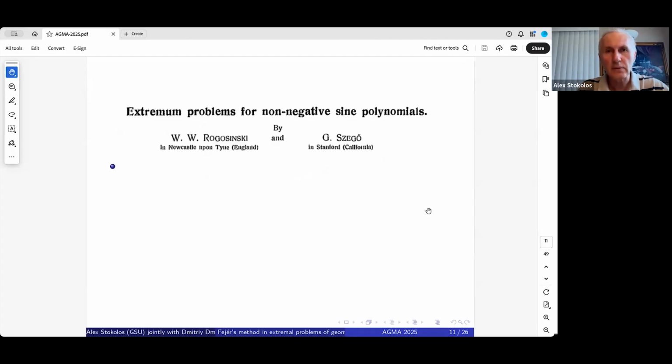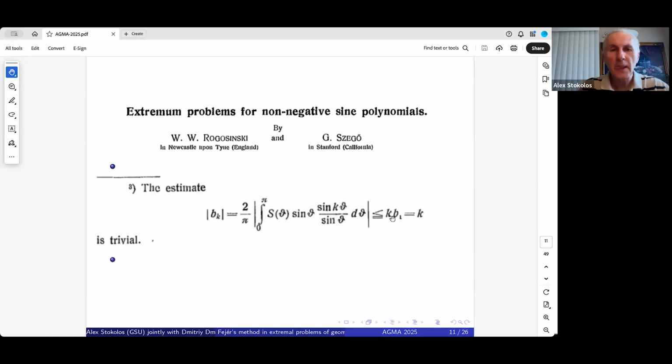And we have an idea about what's going on with univalent trigonometrical, univalent algebraical polynomials, right? In 1950, there was a paper by Rogozinski and Segal.